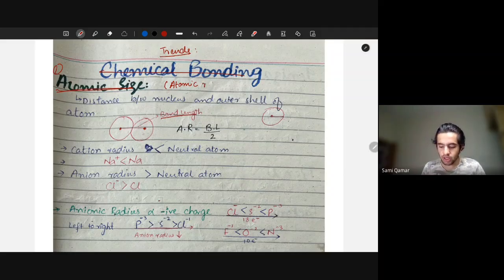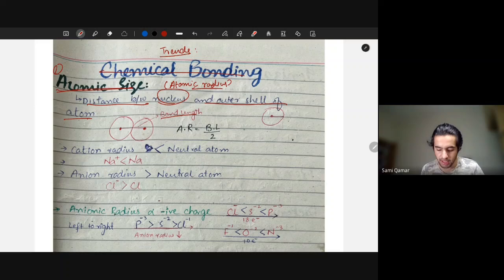Okay, so here we go, atomic radius. Now what is the atomic radius? The bond length is our atomic size. Sorry, the distance between two nuclei and the outer shell of the atom is our whole atomic size. But now if we need to find out the atomic radius, what would it be? This whole bond length, because atomic radius is the radius of one atom.